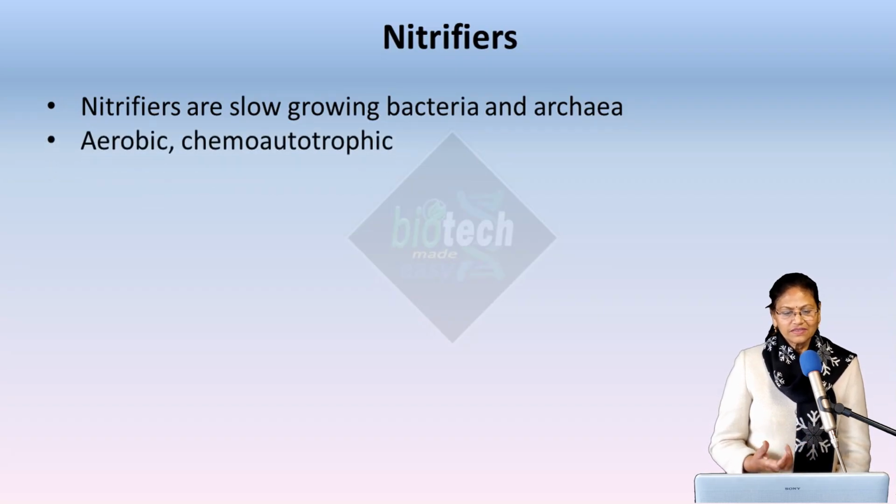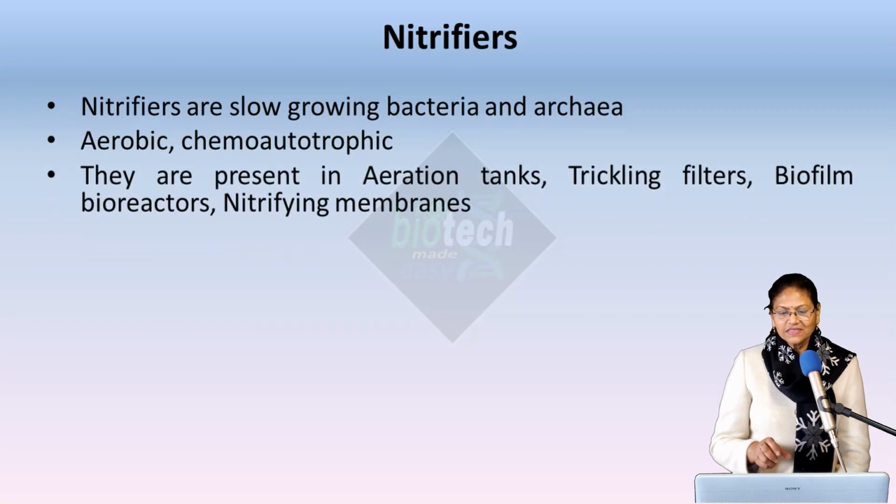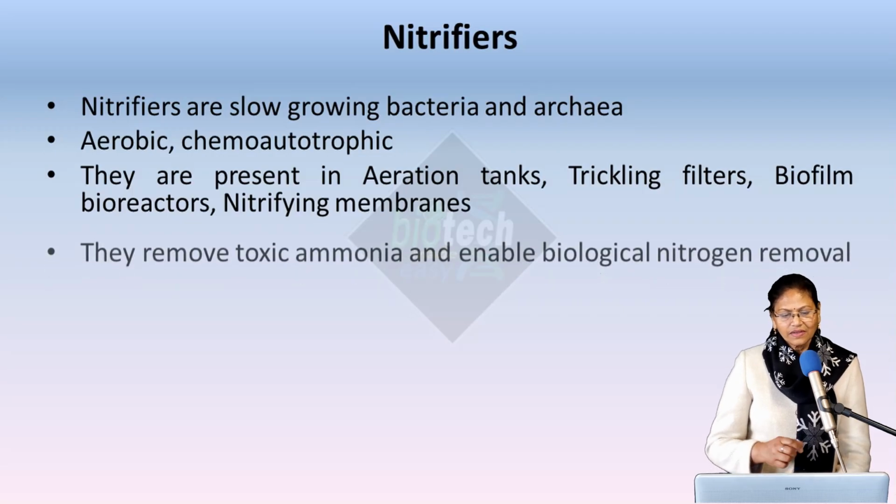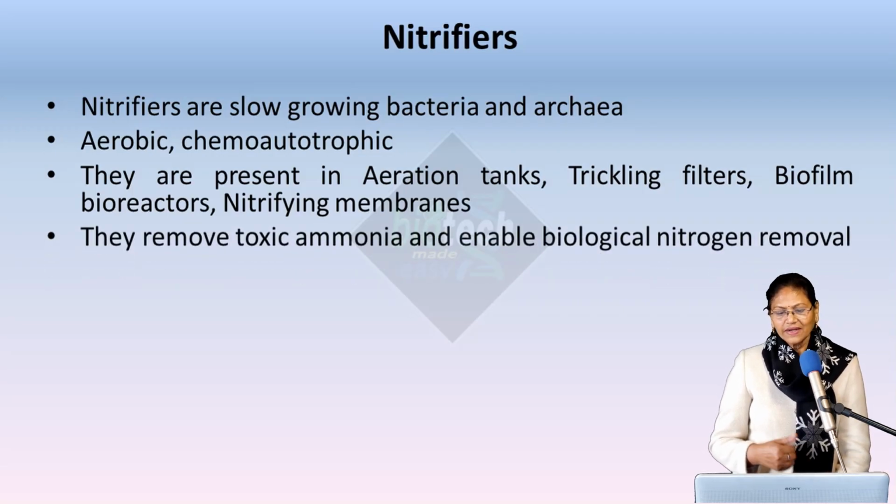These are chemoautotrophic, that means they make their own food but with the help of chemical synthesis, chemosynthesis. They are present in aeration tanks, trickling filters, biofilm bioreactors, nitrifying membranes. So they may be present in different places. They remove toxic ammonia and enable biological nitrogen removal.